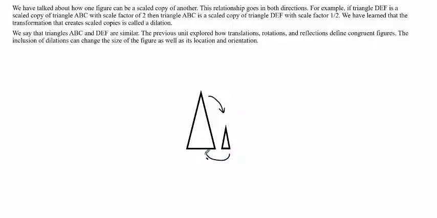But if we're going this way, from here to here is getting bigger, so it's a scale factor of greater than 1. So that we say that triangles ABC and DEF are similar.